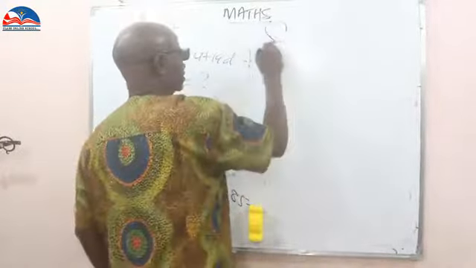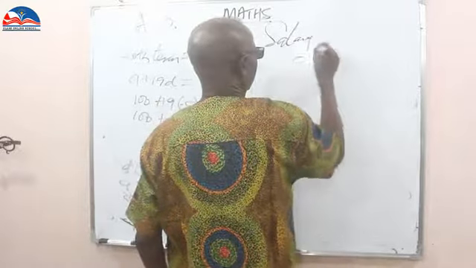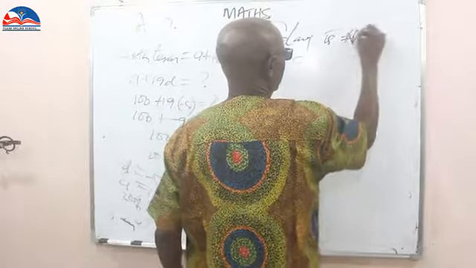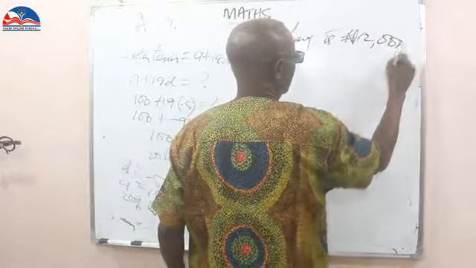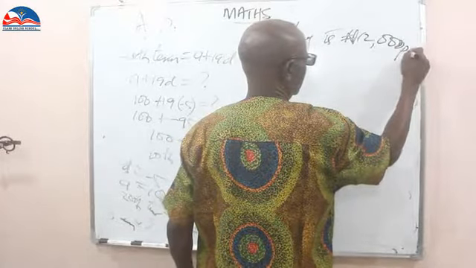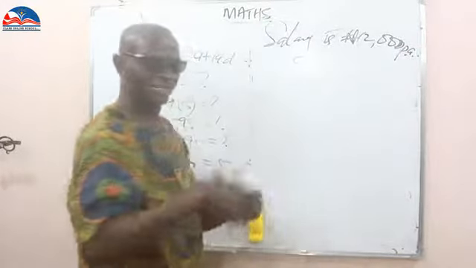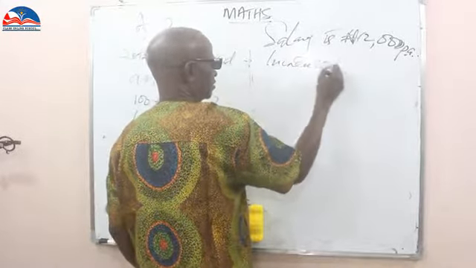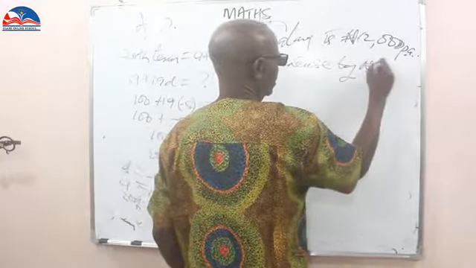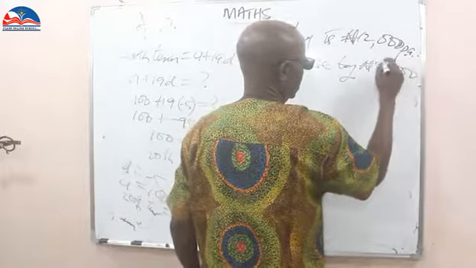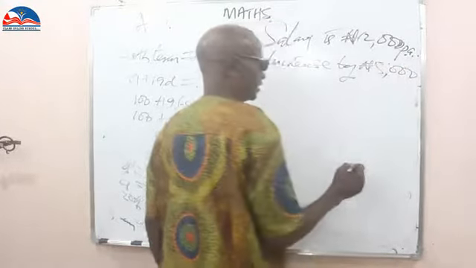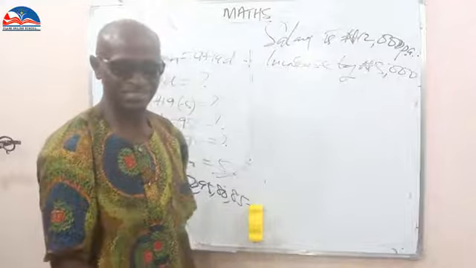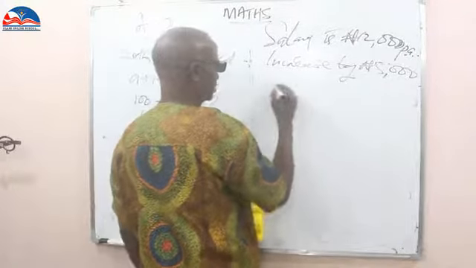Let's say a man's salary is 12,000 per annum. And if it increases every year by 5,000, then what will be the salary at the 12th year?